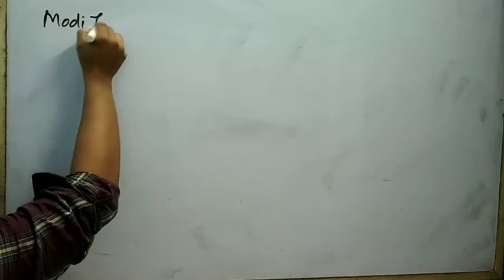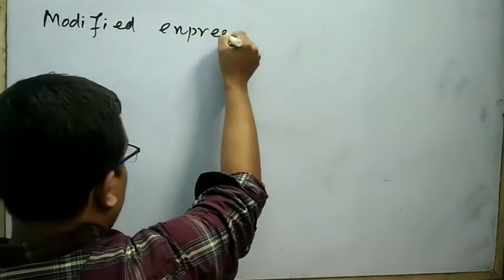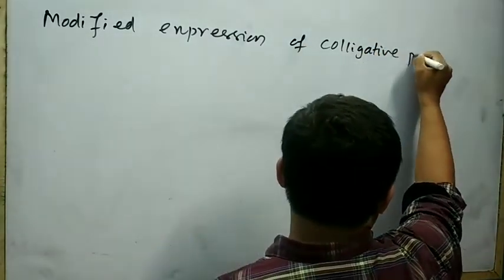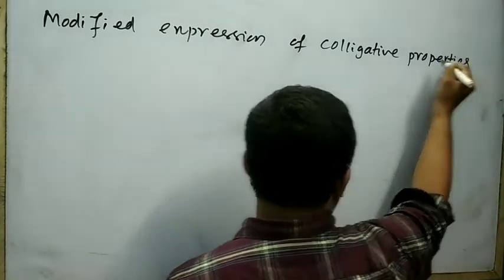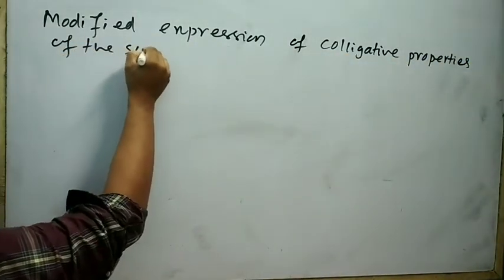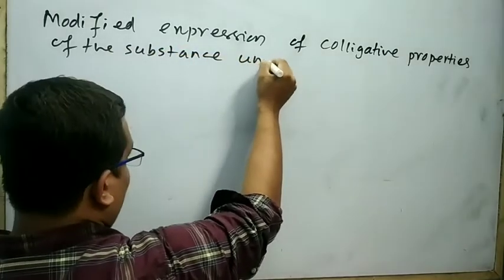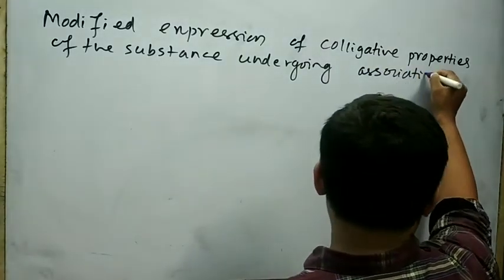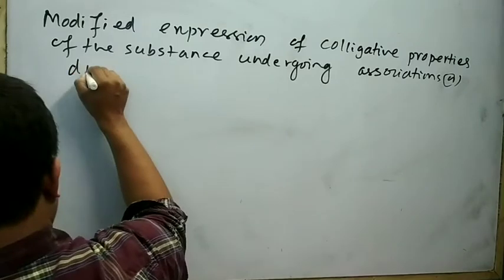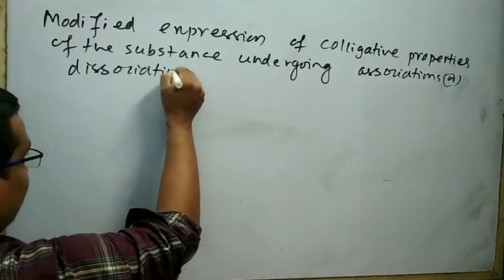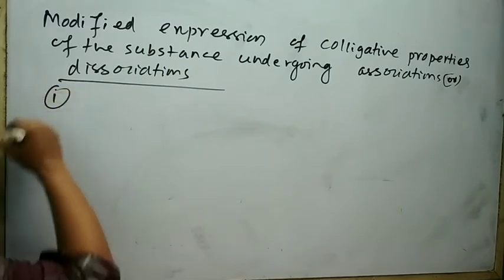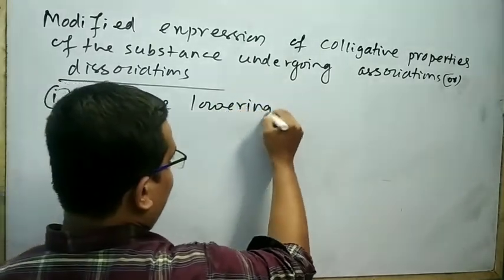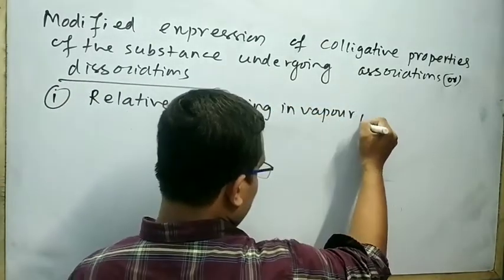Remember some important modified expressions of colligative properties of substances undergoing association or dissociation. First colligative property is relative lowering in vapor pressure.